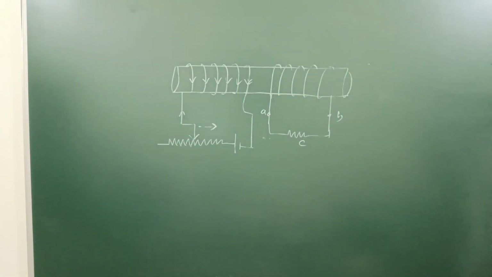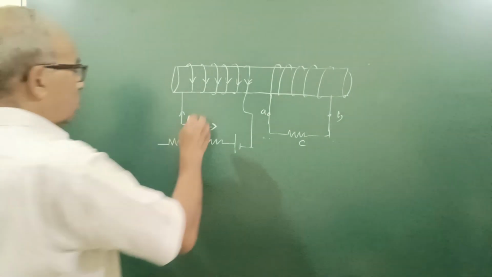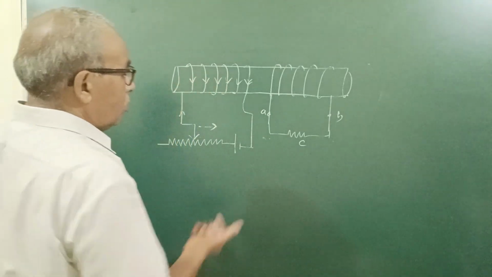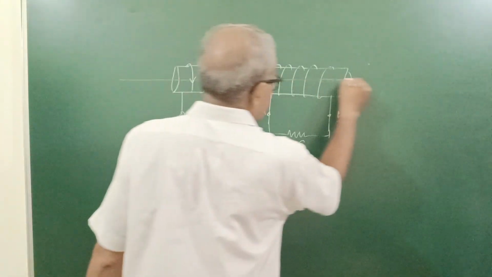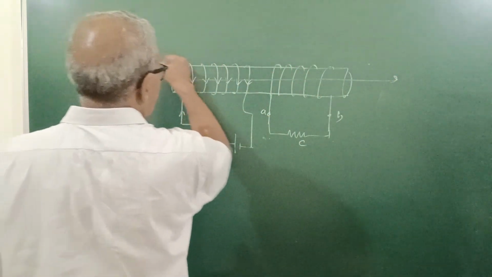Here the right hand thumb rule does not help. So the polarity of this solenoid, you know from the last chapter, will be pointing in this direction. It will be like this.